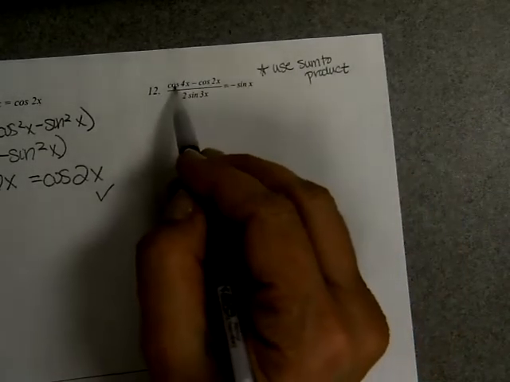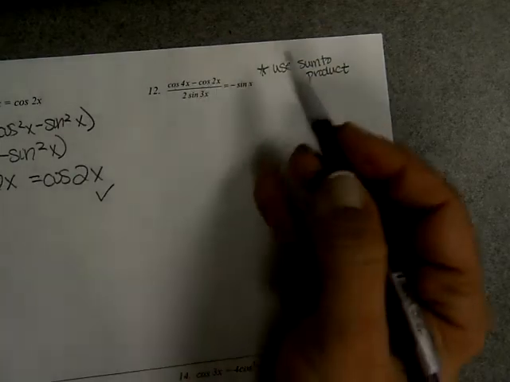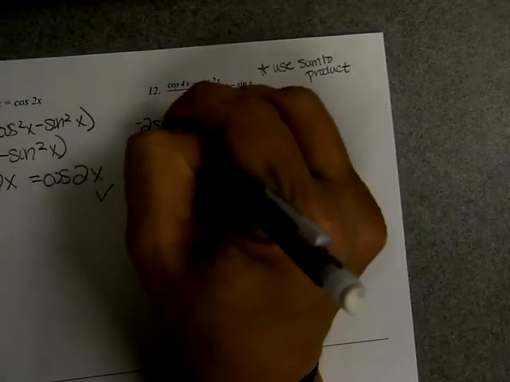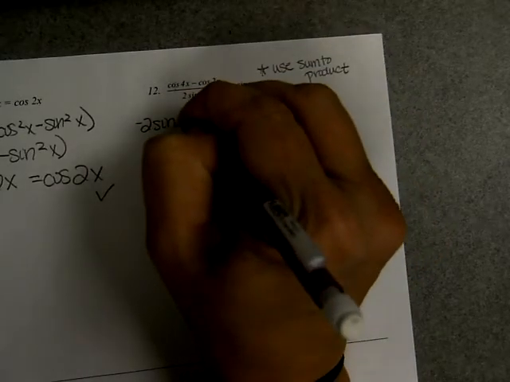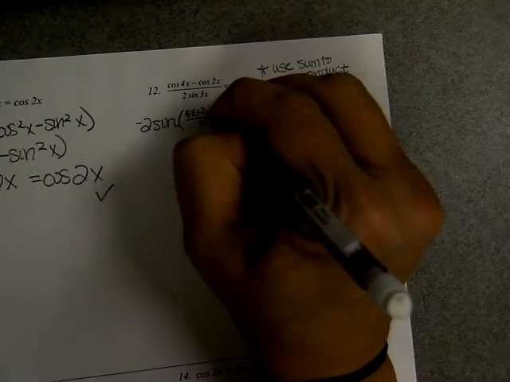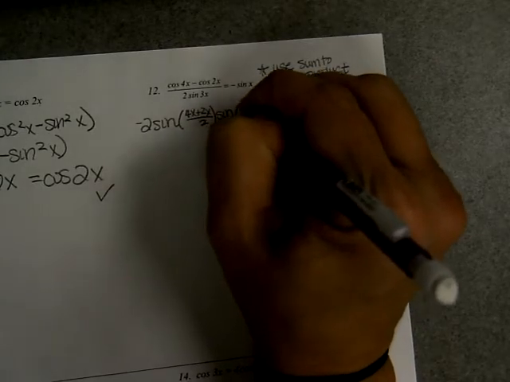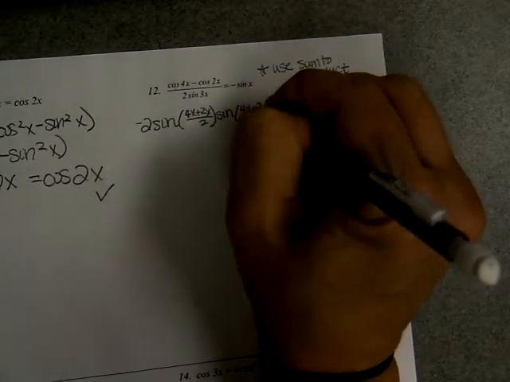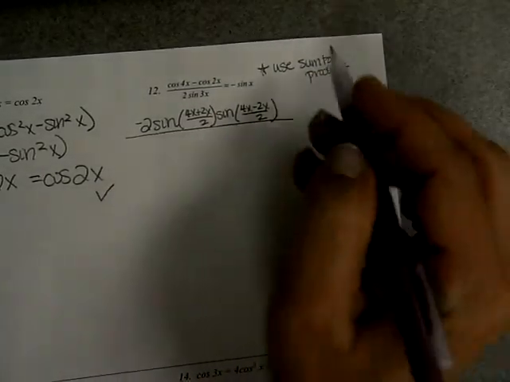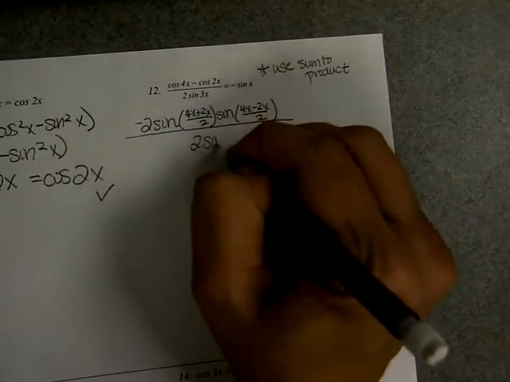So notice that this is a cosine minus a cosine. So that's where we have negative 2 times the sine of the sum of the two angles times the sine of the difference of the two angles. So that's the numerator, and that's all over this 2 sine 3x.